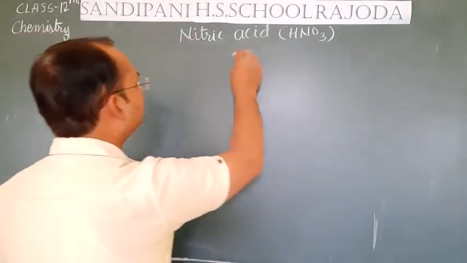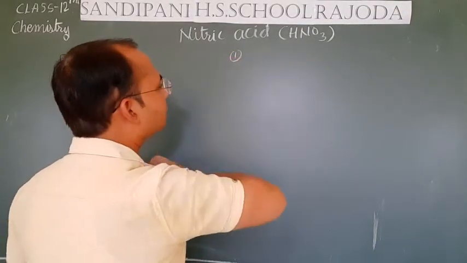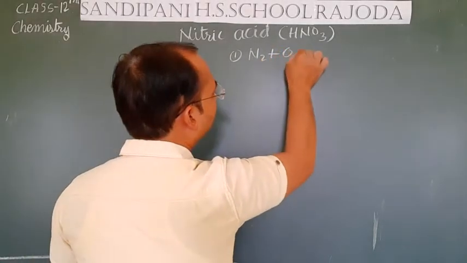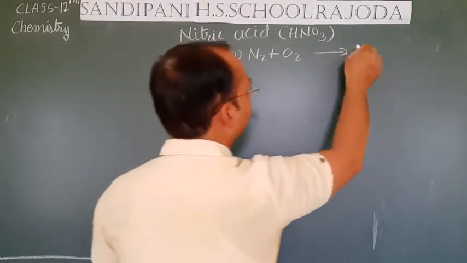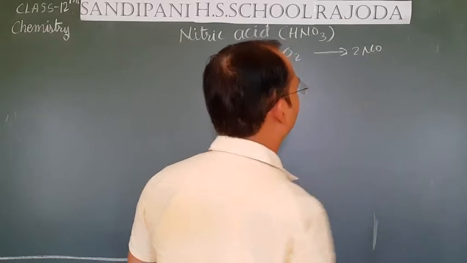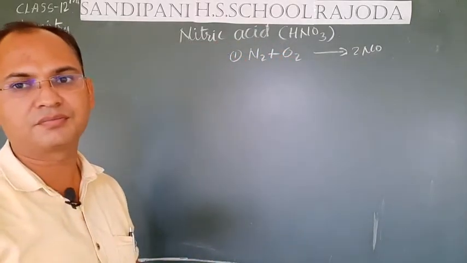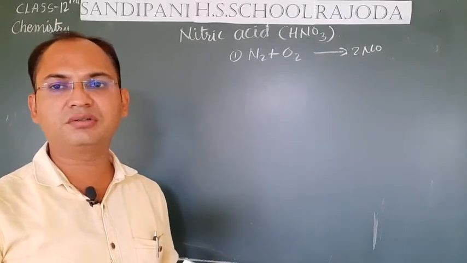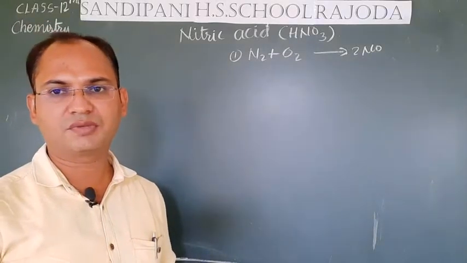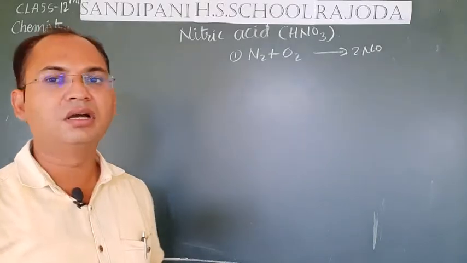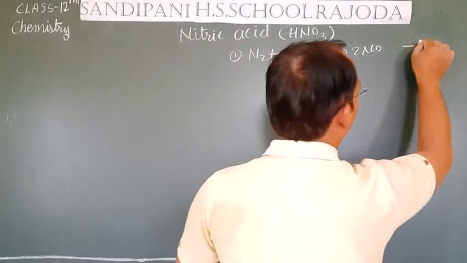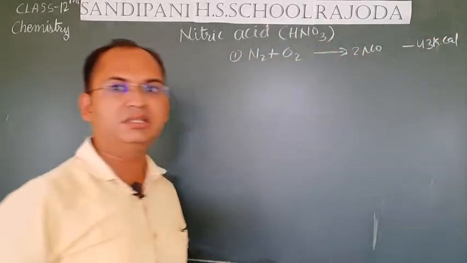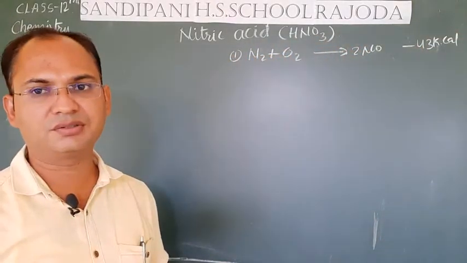So the very first reaction of this process is N2 plus O2 gives 2NO, nitrogen oxide, along with the release of 43 kilocalorie of energy. A huge amount of heat is released, so minus 43 kilocalorie energy is released in this process.